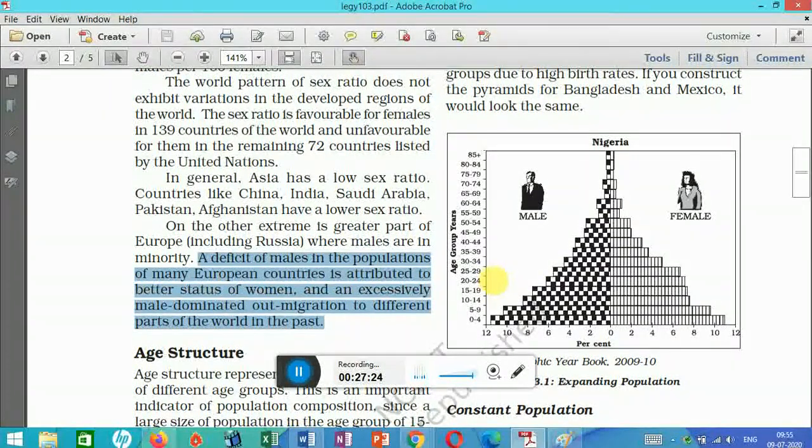Reasons are given here: women have better status, and there is male-dominated out-migration to different parts of the world, leaving females in the country. So these are the main reasons males are in minority in these European countries.